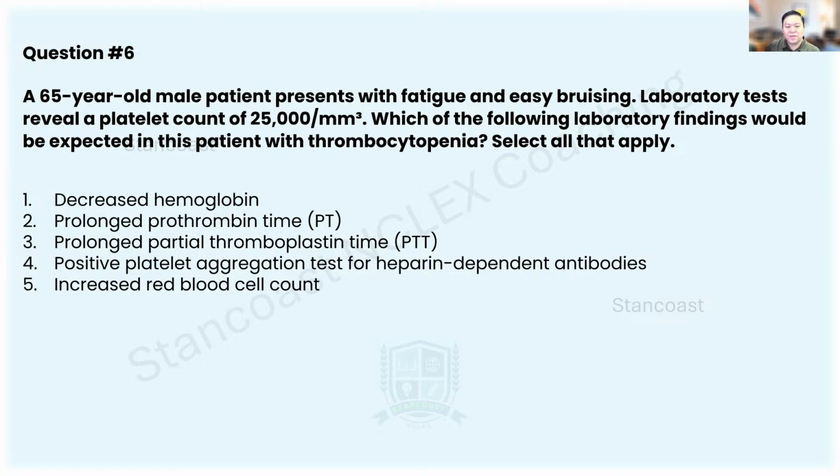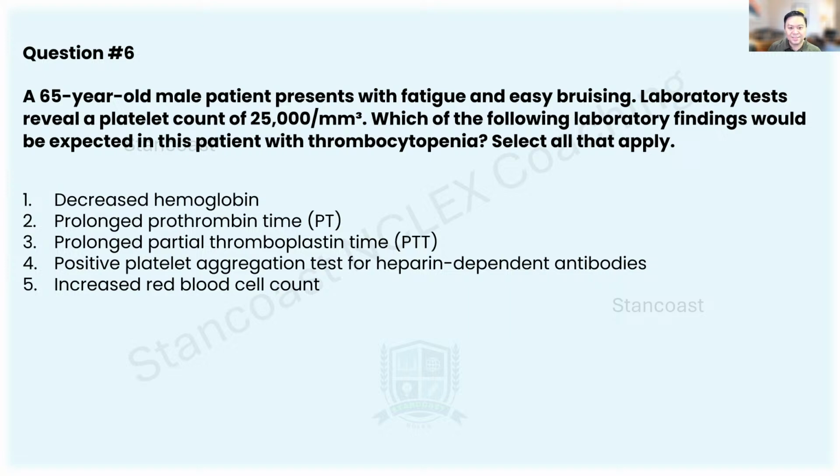Select all that apply. Is it 1, decreased hemoglobin, 2, prolonged prothrombin time, 3, prolonged partial thromboplastin time, 4, positive platelet aggregation test for heparin-dependent antibodies, and 5, increased red blood cell count?